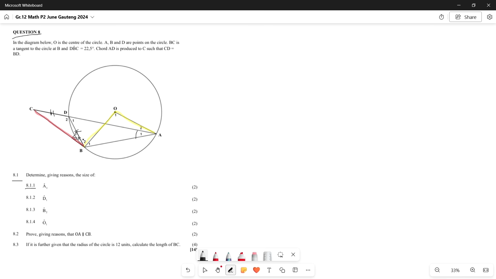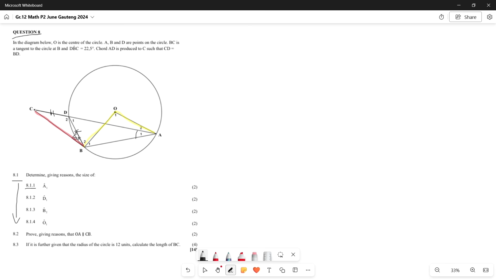So for 2 marks, we usually have to find the most direct approach from this information that's been given to us to get directly to the angle that they're asking for. Because what we're going to see is that each thing we calculate here, we're going to use to calculate the next question. So how can we go directly from DBC, this 22,5 degrees here, to angle A1?